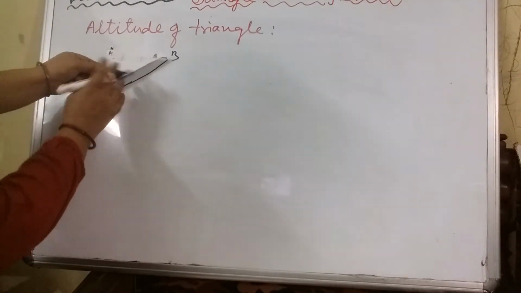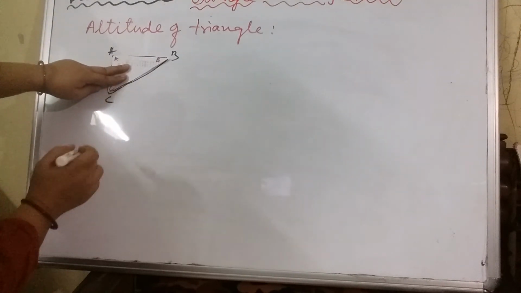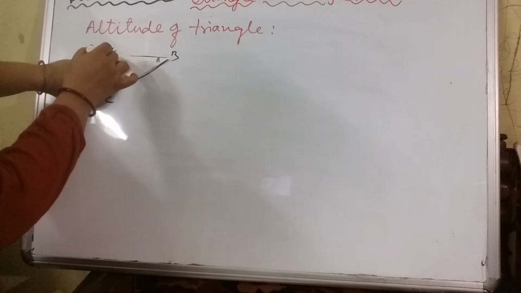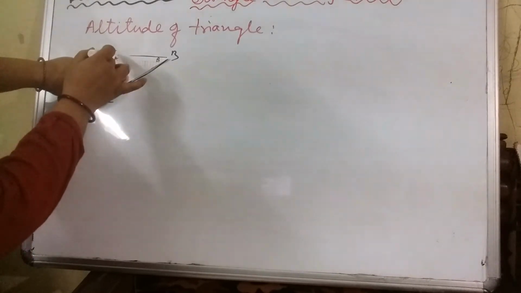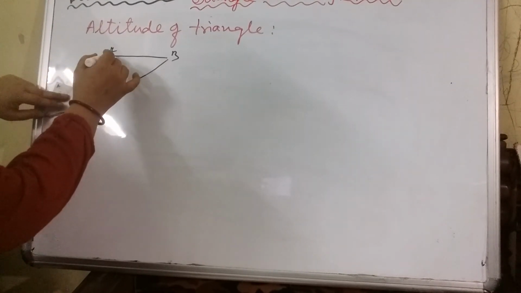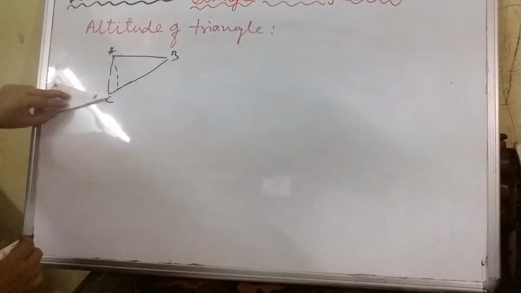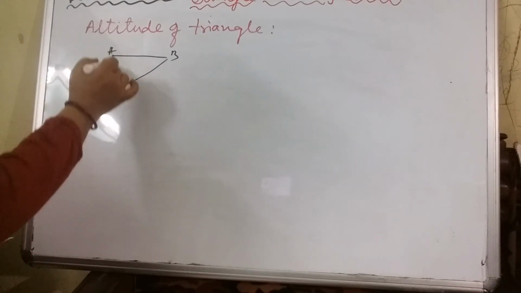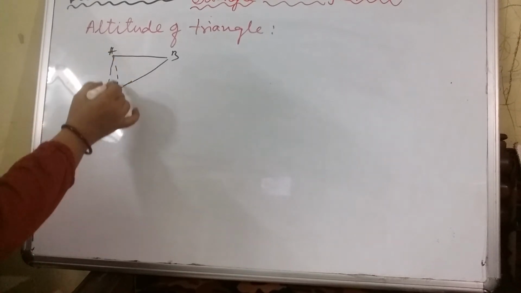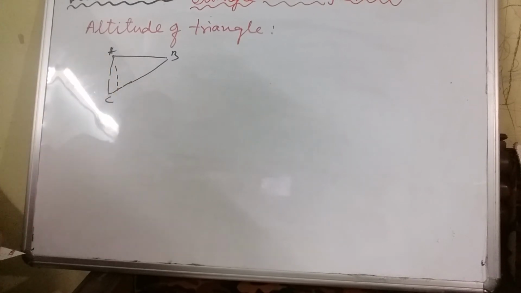If I consider this triangle ABC, the altitude is that perpendicular distance, that is, the perpendicular distance from this vertex to this line will be its altitude or height.